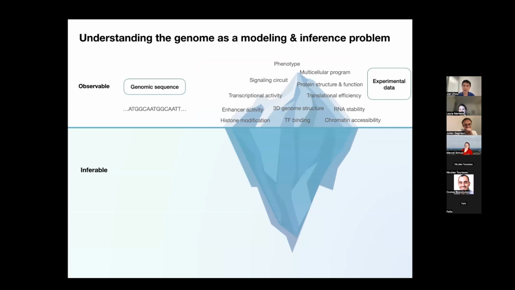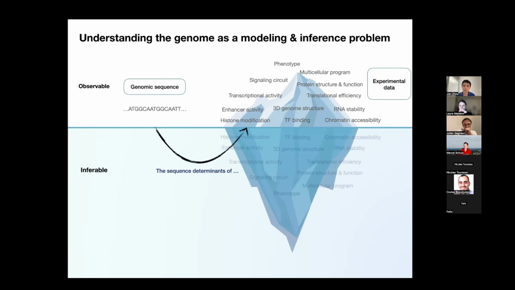And we also have lots of genome-wide measurements for different genomic properties, right? But what is not directly observed is how those two data are connected, right? How those genomic properties are determined by or dependent on the sequence. That's not something that we can directly observe from data. It is also, to some extent, hard to obtain from a purely experimental approach.